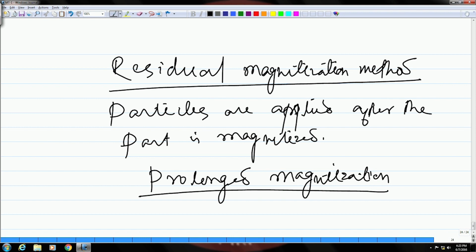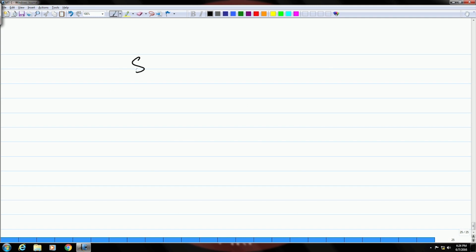wherein you use a highly viscous suspension like a polymeric suspension, or some slurry, paint, etc. This slurry, paint or polymer will contain the magnetic particles.